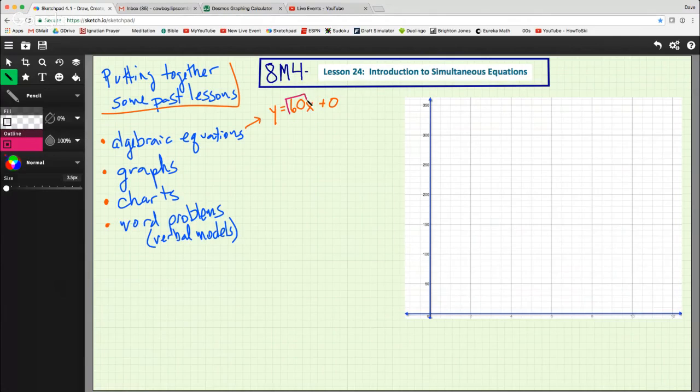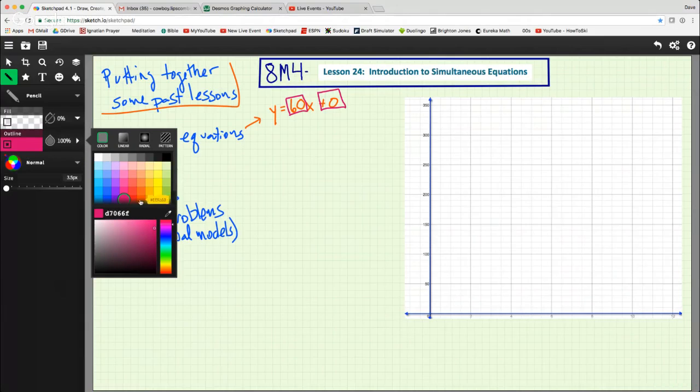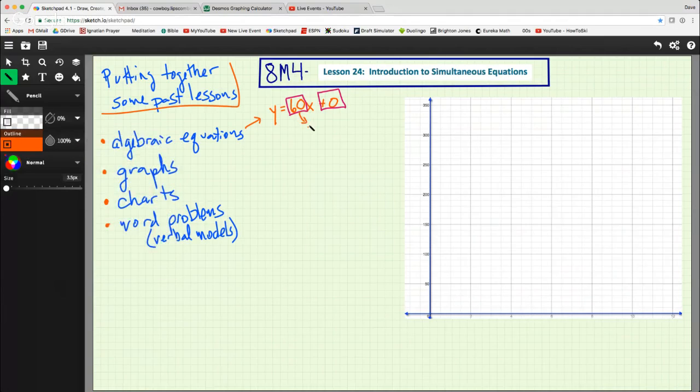But remember, if we talk about this equation, you can't be forgetting anything we've done so far. So in this example, we have our slope and our y-intercept. I'm just going to write over here what we started with, y equals 60x.